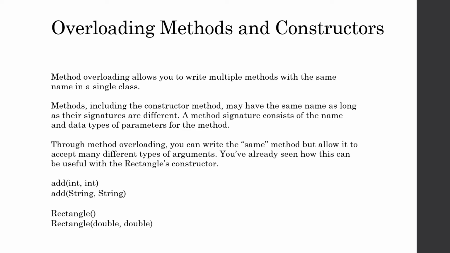So that kind of shows how we can use certain methods where the name is the same, but the actual data types will be different, so we also change the behavior slightly. And then of course we saw this with the rectangle constructor, so we have the no-args and the parameterized constructor.